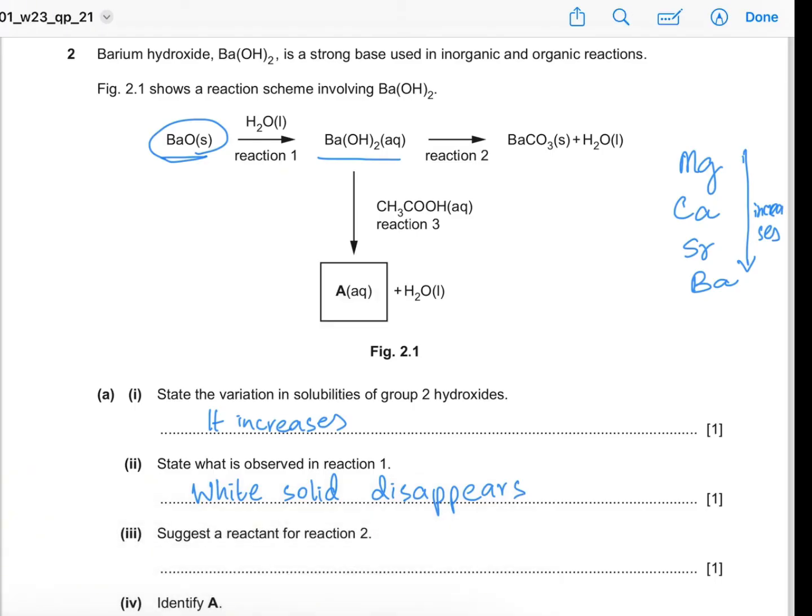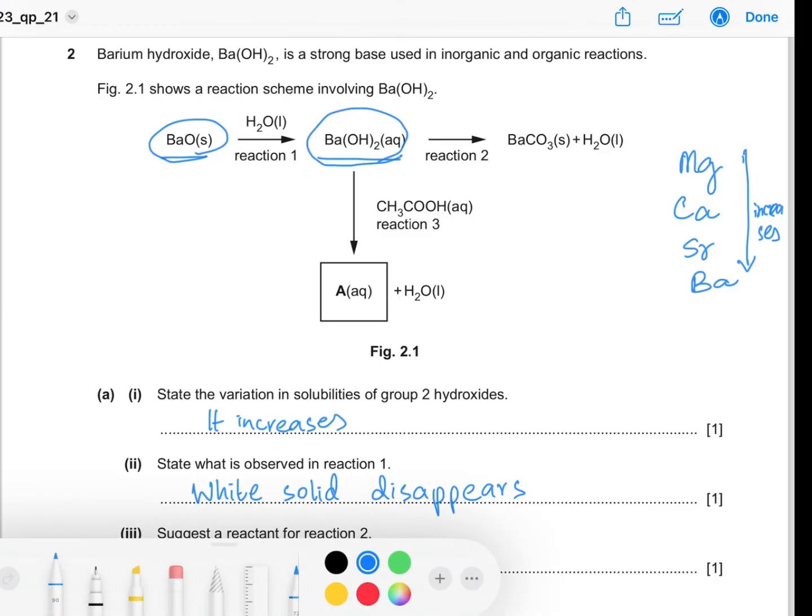Part 3, suggest a reactant for reaction 2. In reaction 2, you start with aqueous barium hydroxide and end with a solid barium carbonate. Let me just mention here that we saw earlier how the solubility of hydroxides increases down the group in group 2.